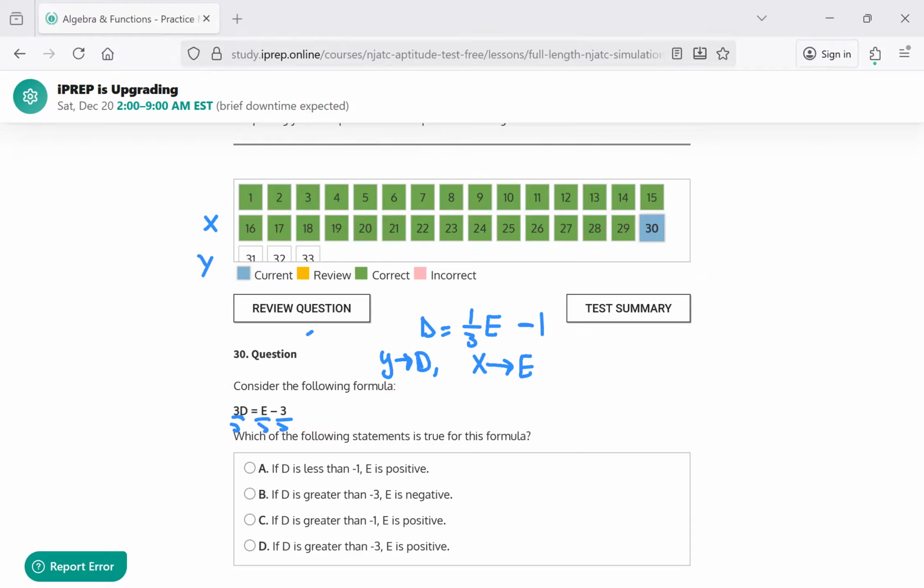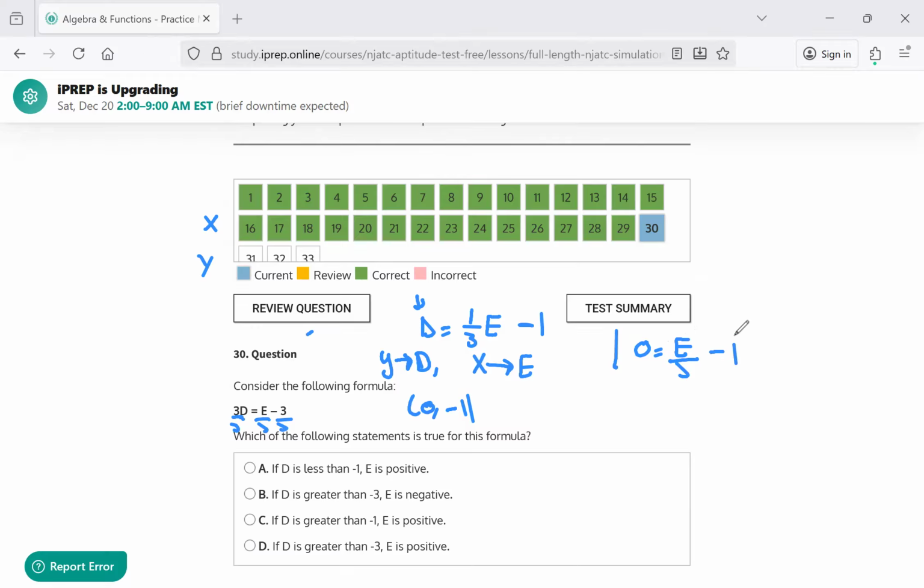Okay. So how do we graph this? We know that the y-intercept is -1. So you have a y-intercept at 0, comma -1. And then what's the x-intercept? You replace D with 0. So that's going to be 0 equals E over 3 times 1, minus 1.